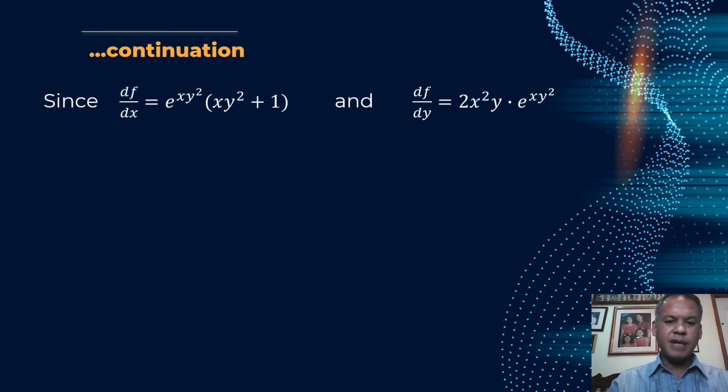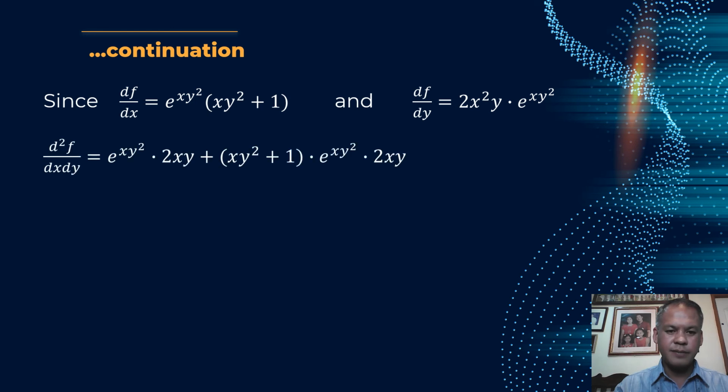Since the first derivative of the function with respect to x is already given by e raised to xy squared times the quantity xy squared plus 1, and the first derivative of the function with respect to y is also given by 2x squared y times e raised to xy squared.